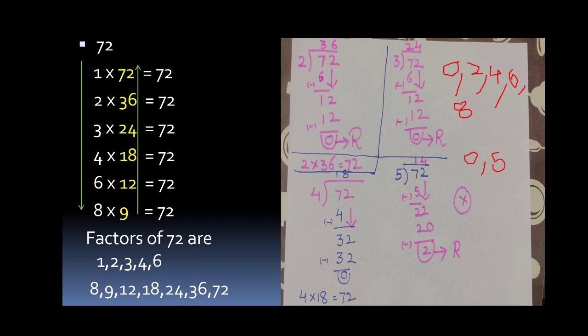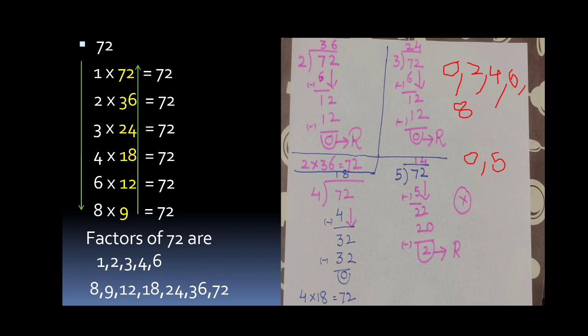Next, the divisibility rule for 3. Suppose we see the same number 72. If we take the sum of the digits, that means 7 plus 2, which gives 9, and 9 is divisible by 3.